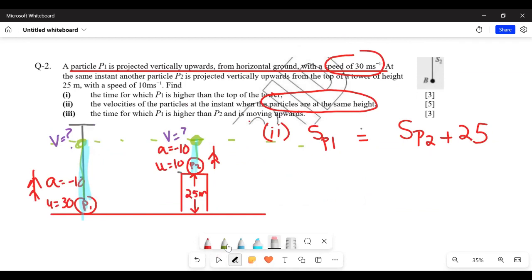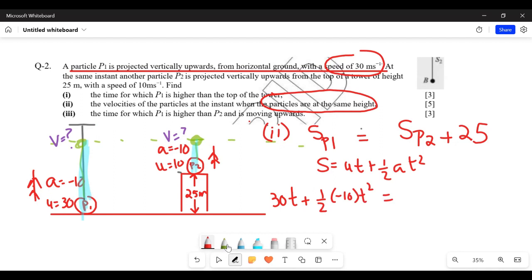Now use the same formula, S is ut plus half at square. Let's substitute the corresponding values. For P1, u is 30, t plus half, a is minus 10, t square equals distance covered by P2. u is 10 in P2. So 10t plus half, a is again minus 10 because the object is going upwards, t square, plus 25.